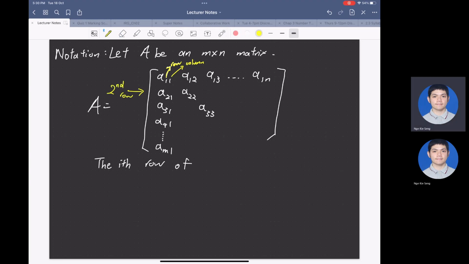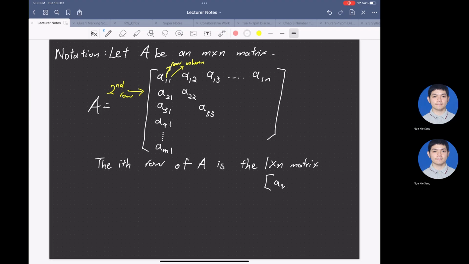So the ith row of A is a 1 by n matrix: Ai1, Ai2, up to Ain.